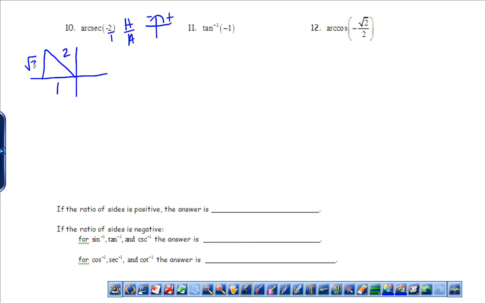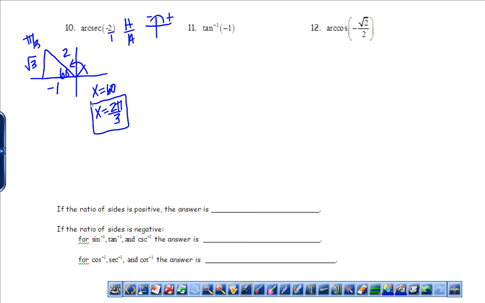So this is root 3. This side, negative 1, I'd have a negative on the 1. So this is 60. Okay, and that's pi over 3. So what gave me the 60 degrees, so this would be not 60 degrees, it would be 2 pi over 3.